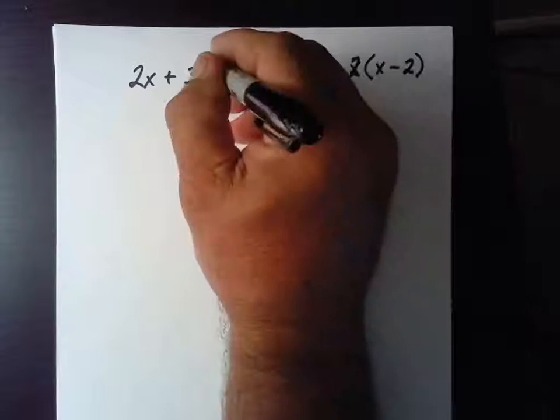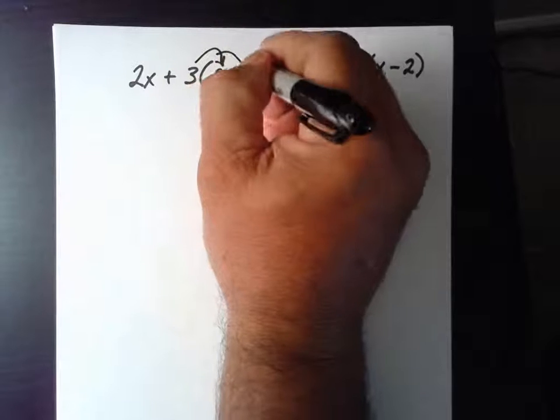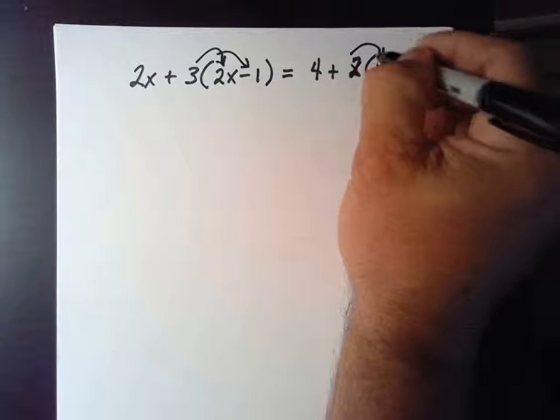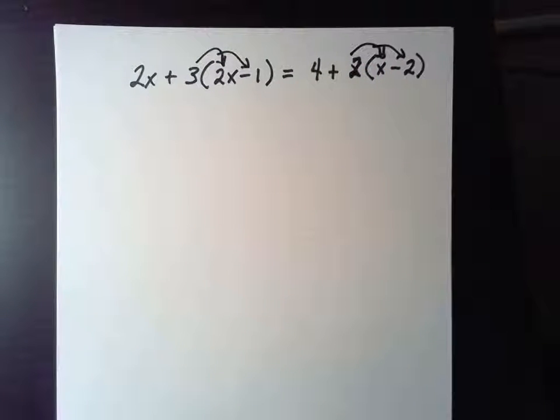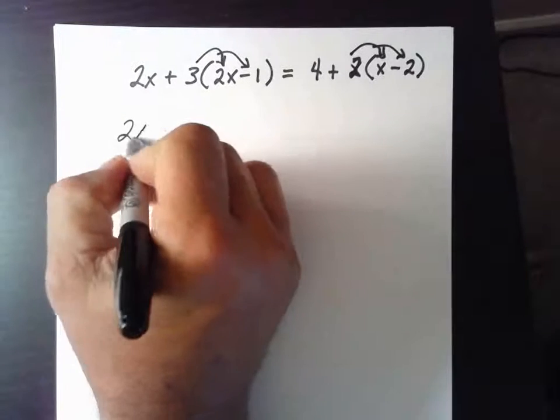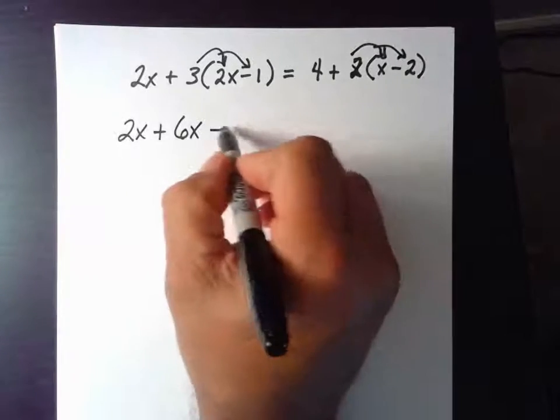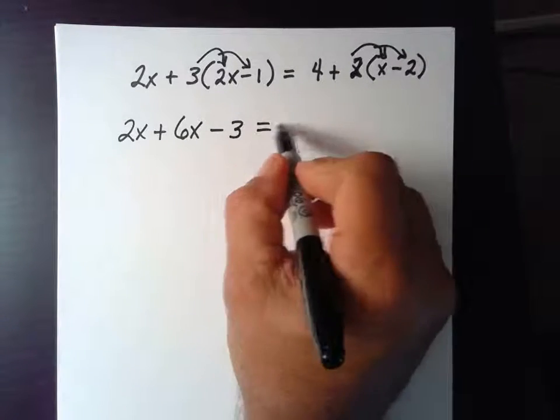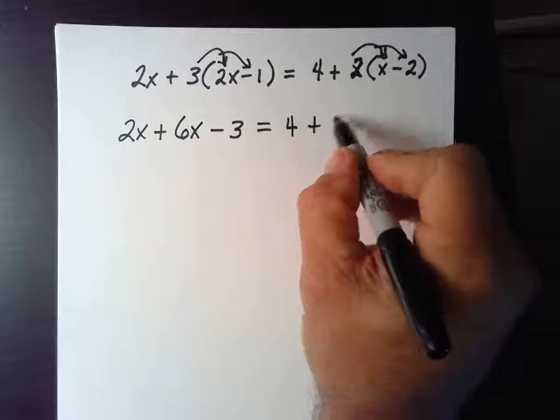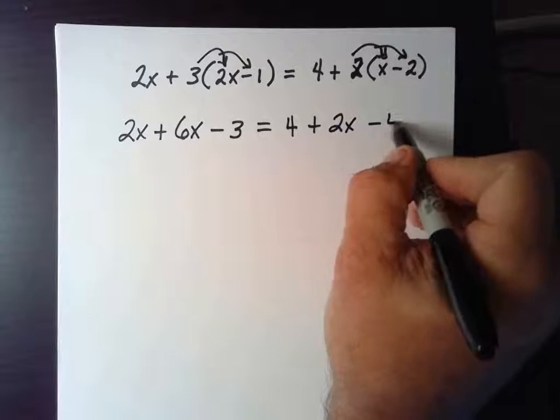So we need to bust them up. And there is your distributive law. So now we've got 2x plus 6x minus 3 is equal to 4 plus 2x minus 4.